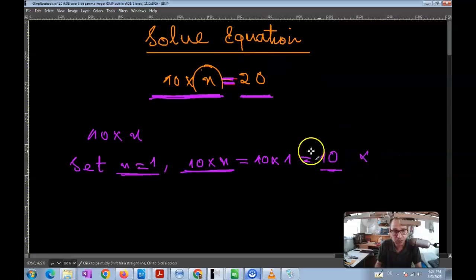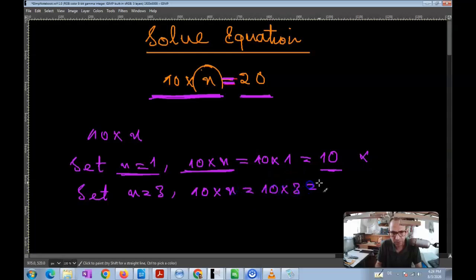Suppose I set x equal to 3, then 10 times x would be equal to 10 times 3, which is 30, which is not equal to 20, right? So this is not the right solution.